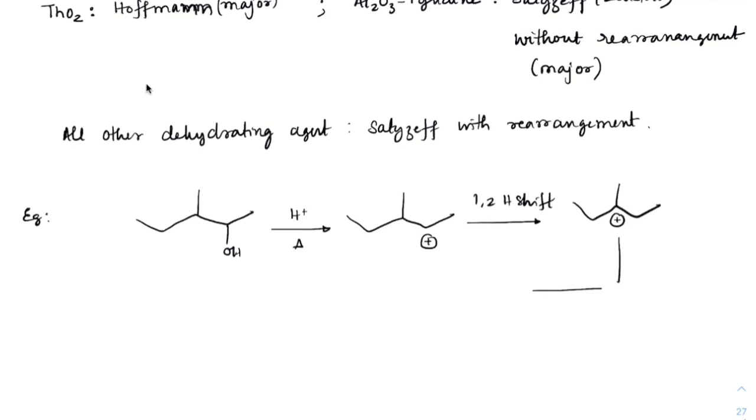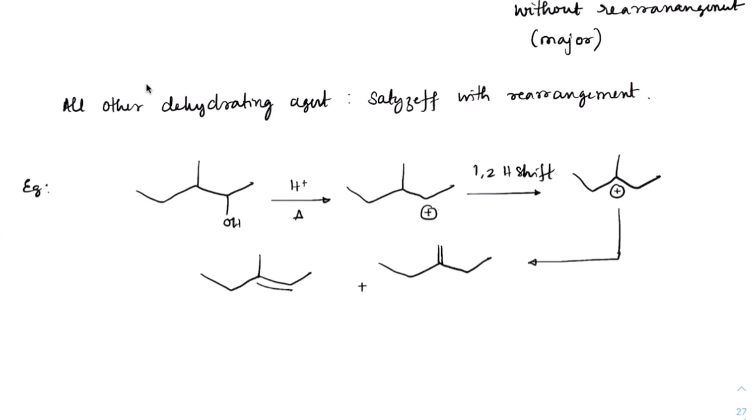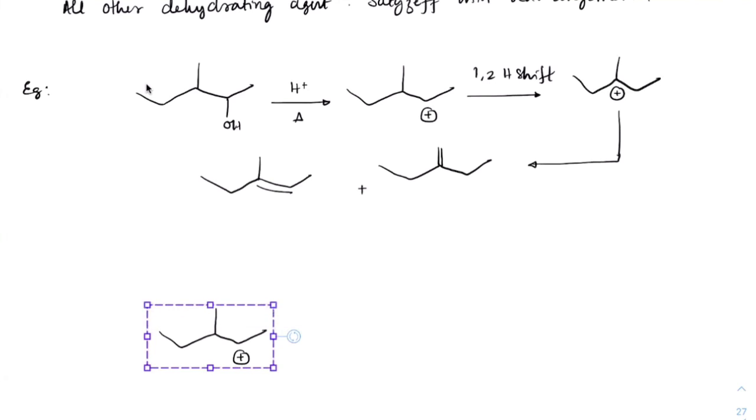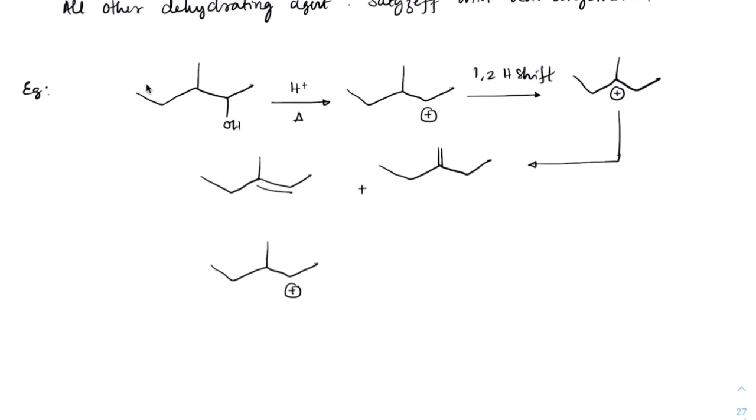From this carbocation, we can have many products. We can get a double bond here, plus we can get a double bond here. And one more thing we are forgetting is that before rearrangement, it can also undergo double bond formation.